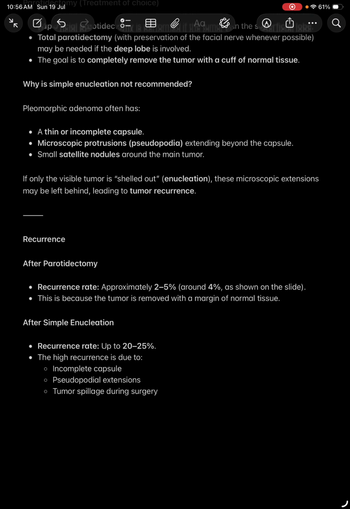If simple enucleation is done, the recurrence rate is 20 to 25%, because of incomplete capsule removal and pseudopodia extension, meaning some tumor tissue may extend beyond the capsule and remain at the tumor site, and tumor spillage during surgery leads to recurrence of pleomorphic adenoma in 20 to 25% of patients.